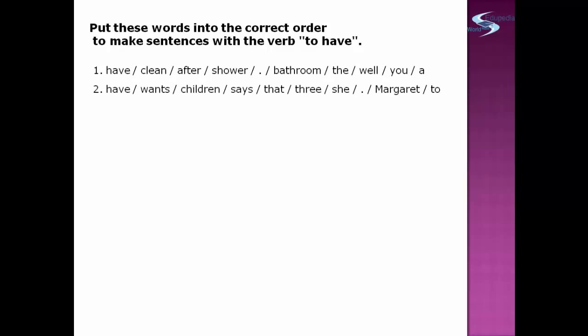Put these words into the correct order to make sentences with the verb to have. The first set of words: have, clean, after, shower, period, bathroom, the, well, you, a. Second set: have, wants, children, says, that, 3, she, period, Margaret, to.